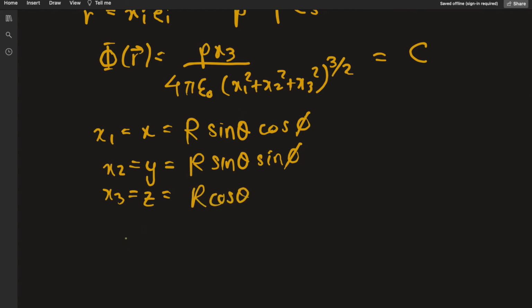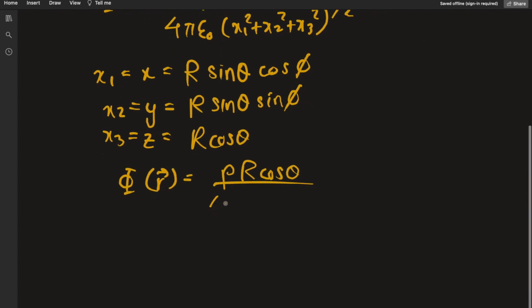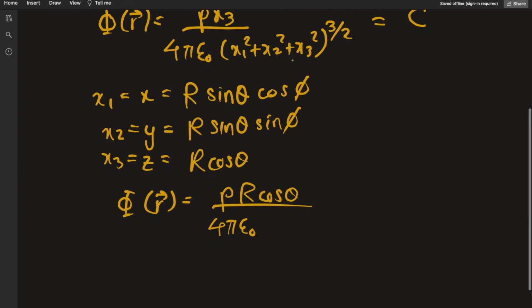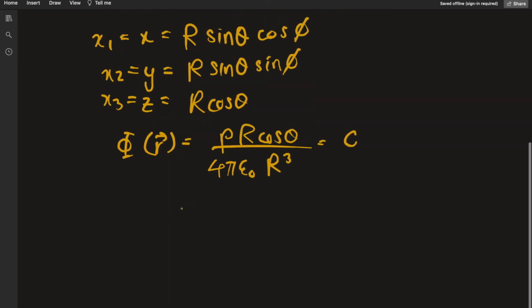So if you plug all these things in, P r cosine theta divided by 4 pi epsilon naught, well, this will just be r cubed is equal to c, which means that we have established an equation between these guys.